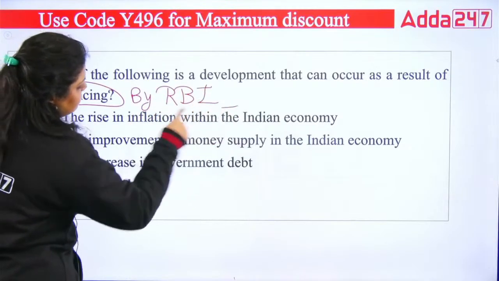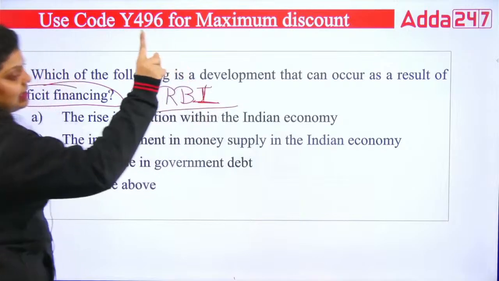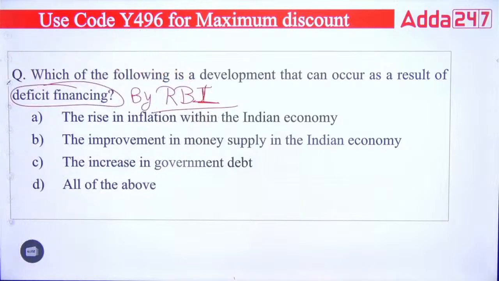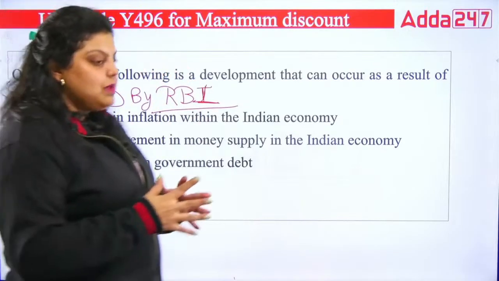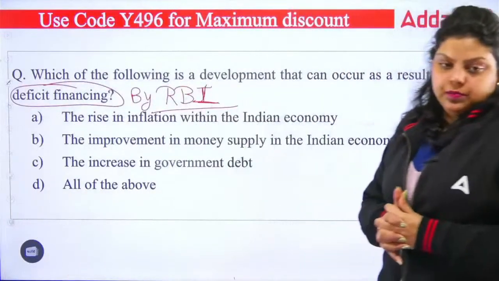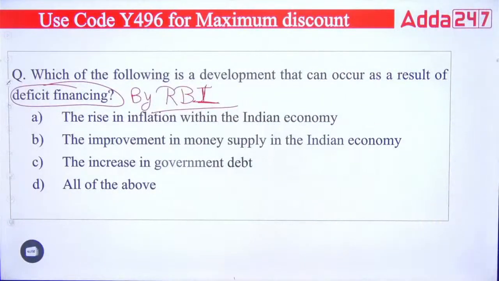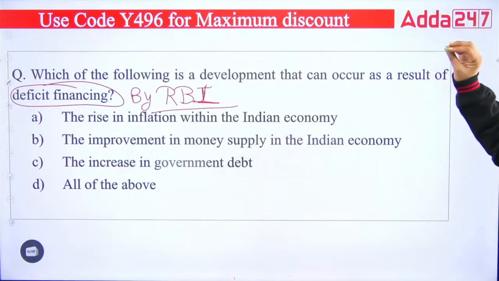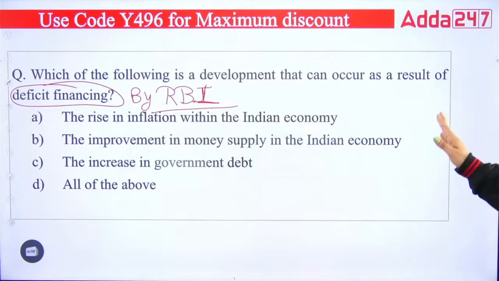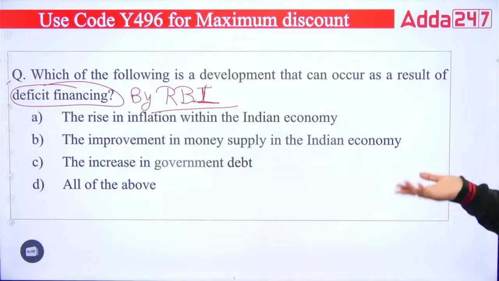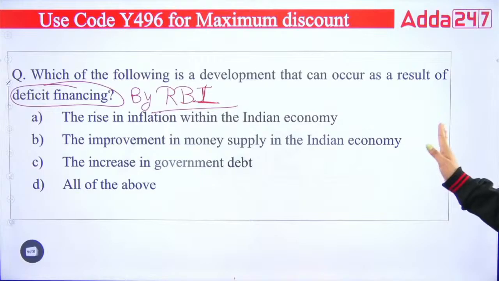Under this, whenever there is a temporary mismatch of income and expenditure of the Government of India, at that time RBI will print more currency on the order of the Government of India.